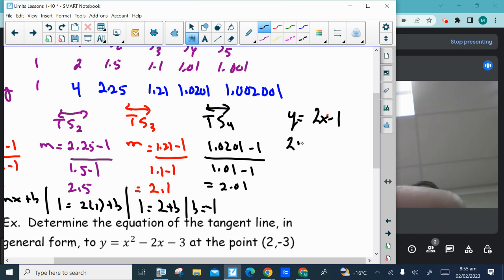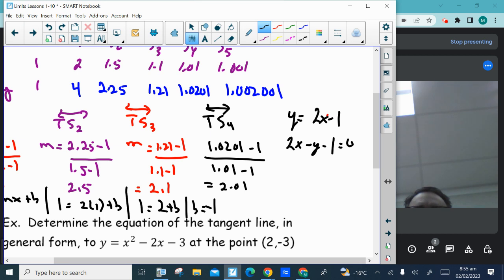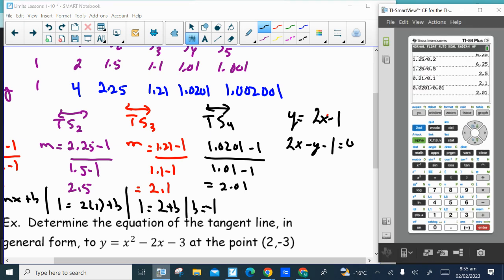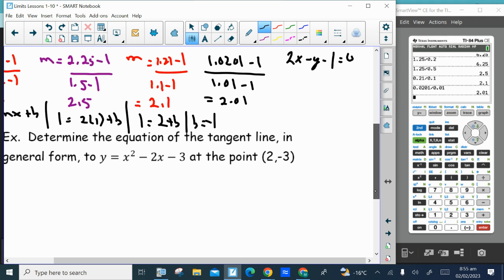In general form, it'll be 2x minus y minus 1 equals 0. Okay?